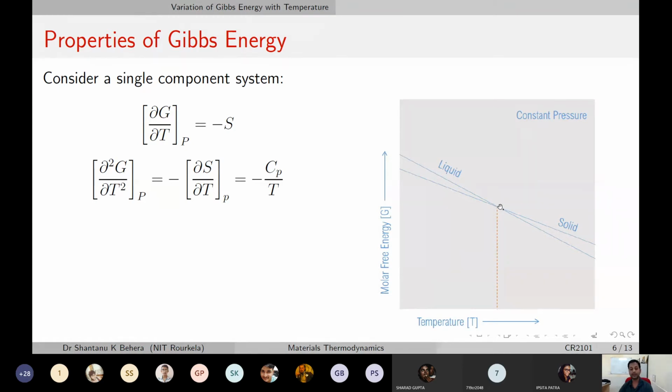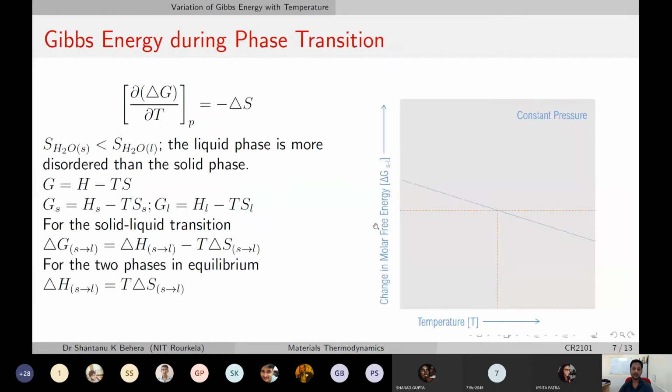Now if you want to plot the delta G for the solid to liquid curve, you will find that this point is where delta G is 0. The free energy change here is 0. That would mean that at this temperature, the solid water and liquid water are in equilibrium, right?